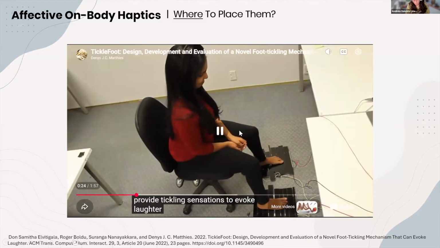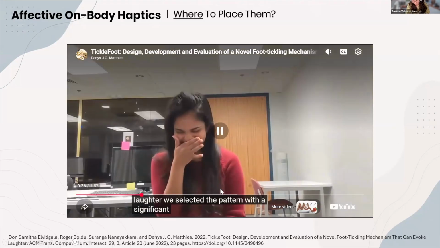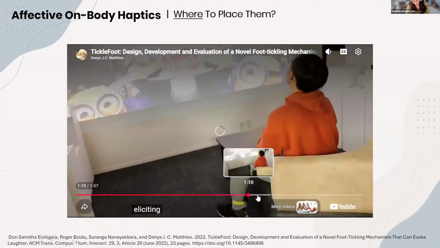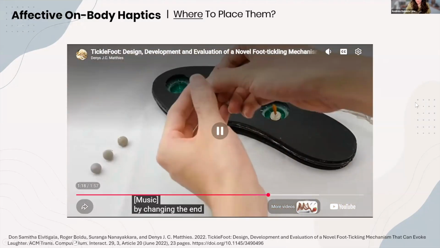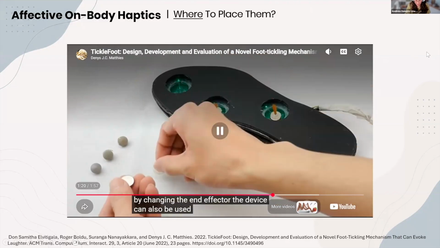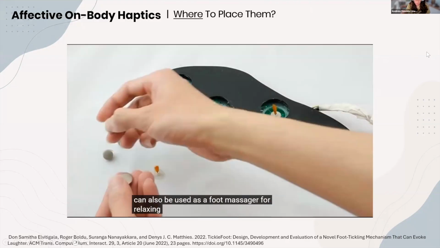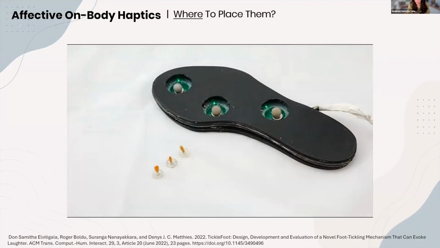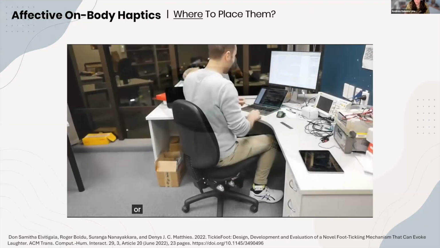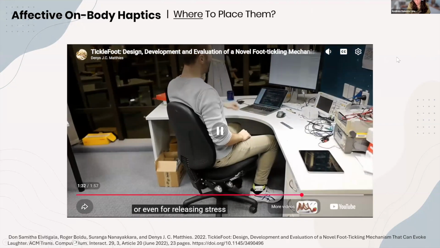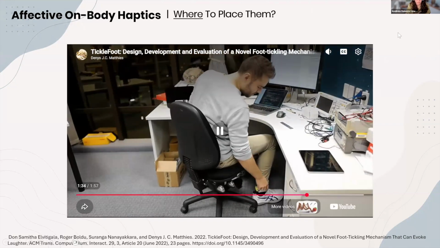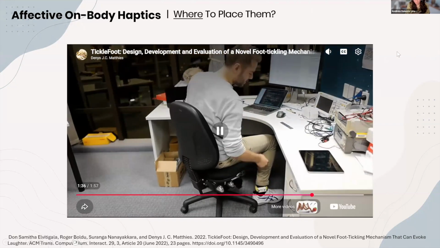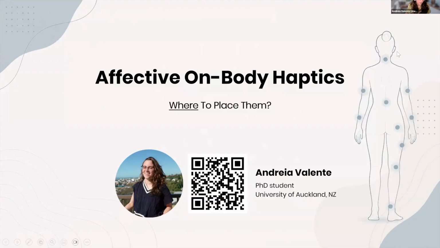What they found was that if they change the point of the actuator, they could turn something ticklish into a foot massage. I think that was just them covering their tracks so as not to say they're trying to find the optimized tickle machine. So yeah, that's all I have to say.